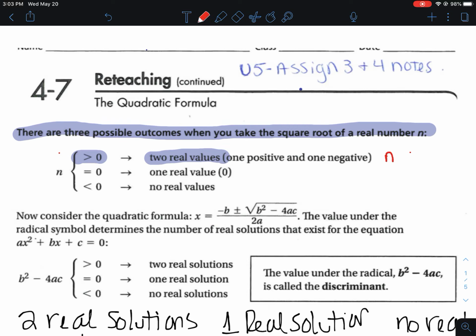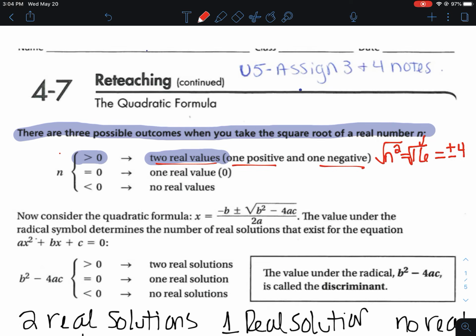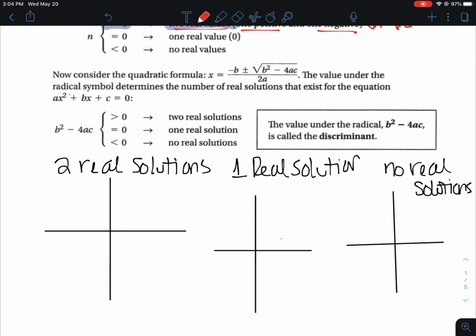So when we had a problem that looked like n squared is equal to positive 16, when this value is positive, we can go ahead and take the square root. Well, we know the square root of 16 is 4, and remember, we always get a positive and a negative answer. So plus or minus 4, one positive, one negative. That gives me two real answers, and that correlates to a graph, right?